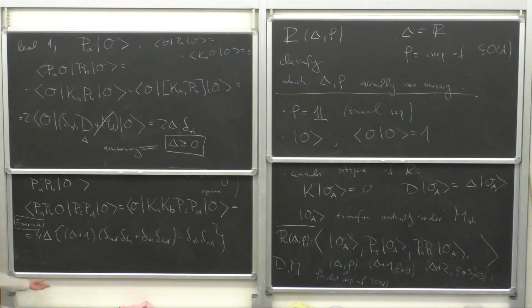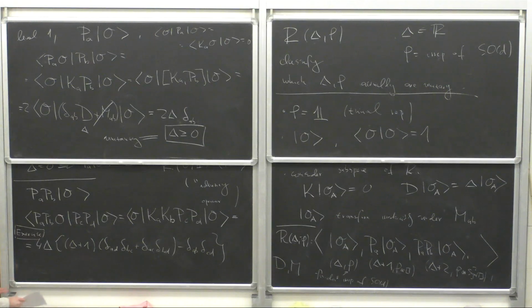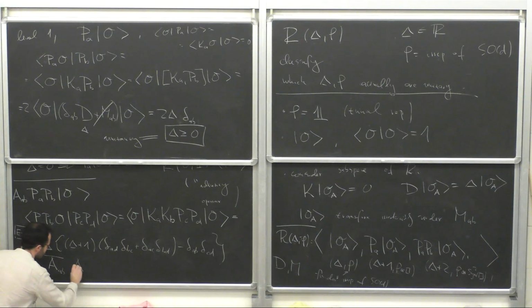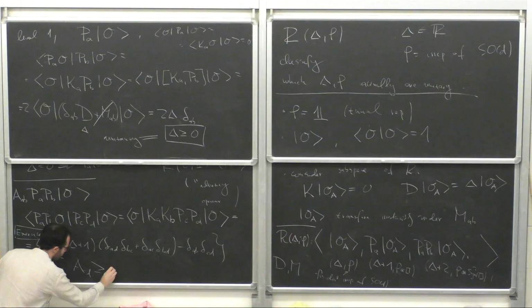We want to make sure that no matter what state we prepare, so imagine we prepare a general state, meaning that we contract P_A P_B with some symmetric complex matrix, the norm is positive. So that means that we should multiply this by the complex conjugate of the matrix, and ensure that this is positive.